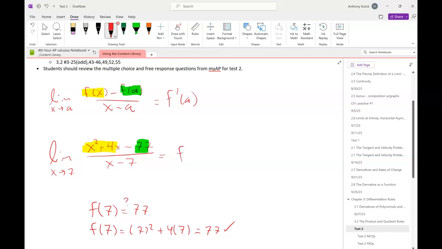So this would just be the derivative of f evaluated at 7. So the derivative of x squared plus 4 evaluated at 7, which would be 14.